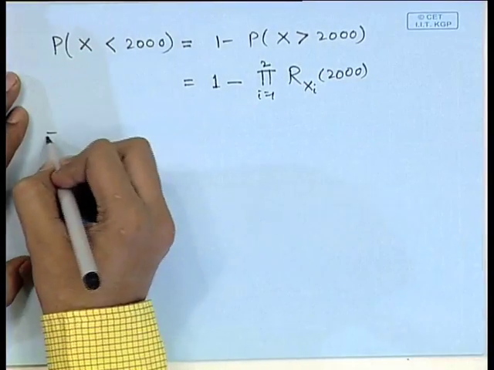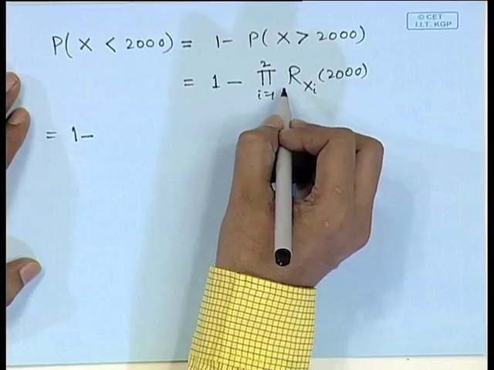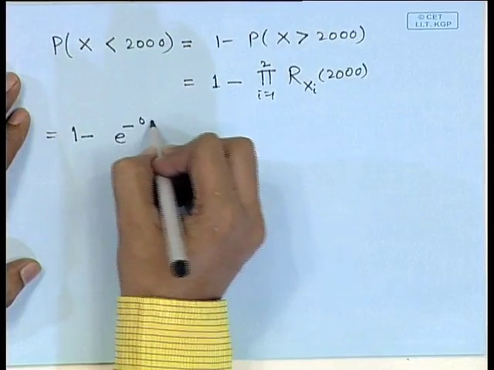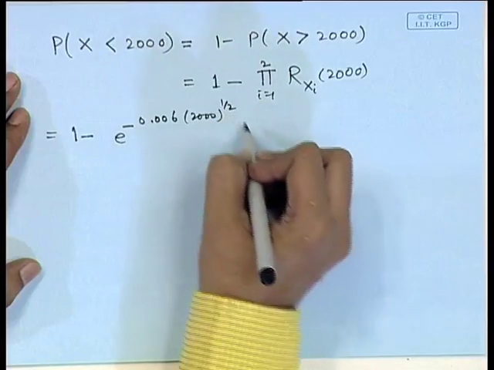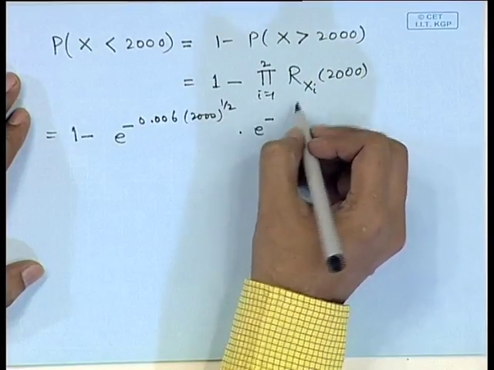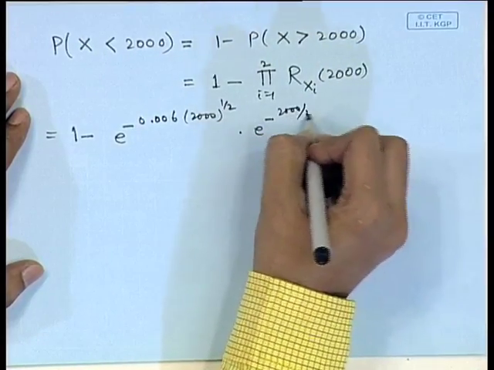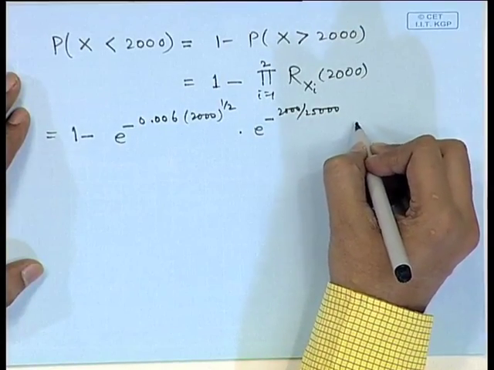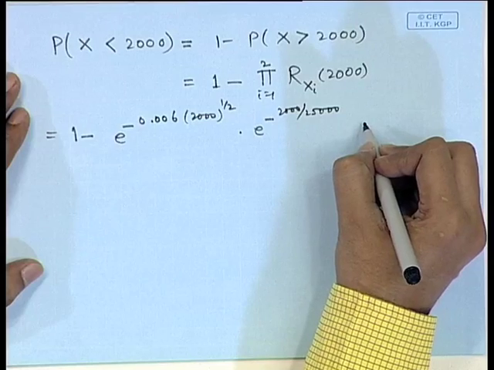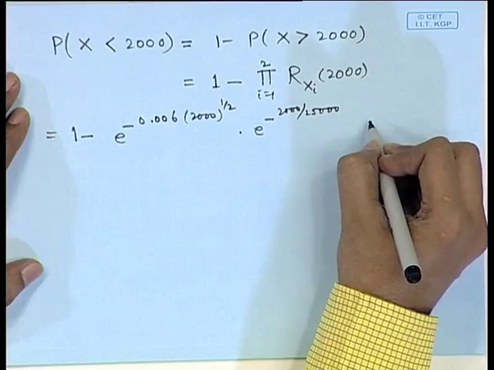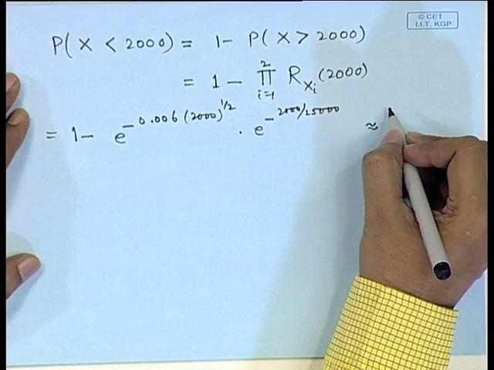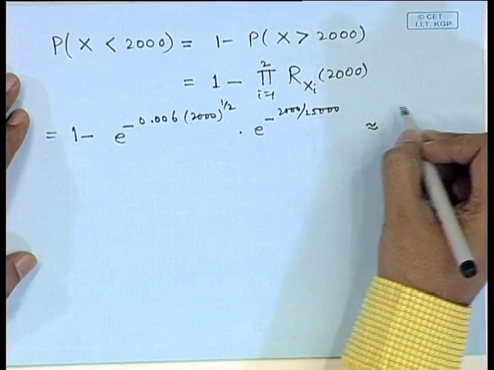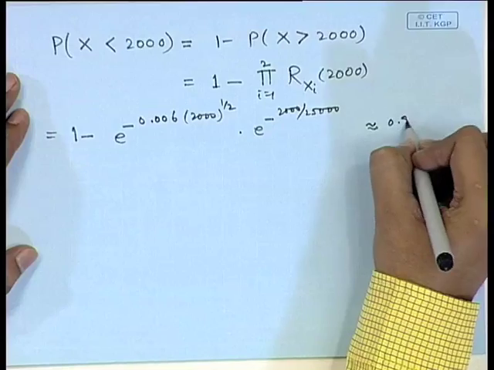So we substitute the values: 1 minus e to the power minus 0.006 times 2000 to the power half, times e to the power minus 2000 divided by 25,000. After some simplification, this value is approximately 0.98.